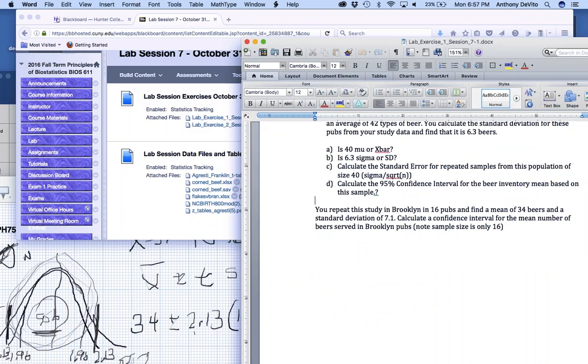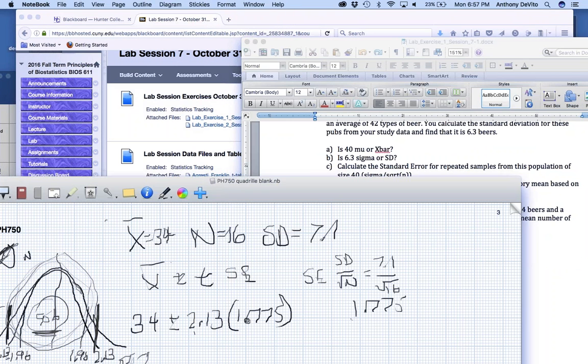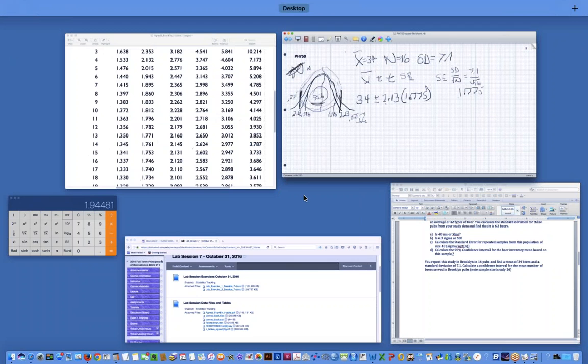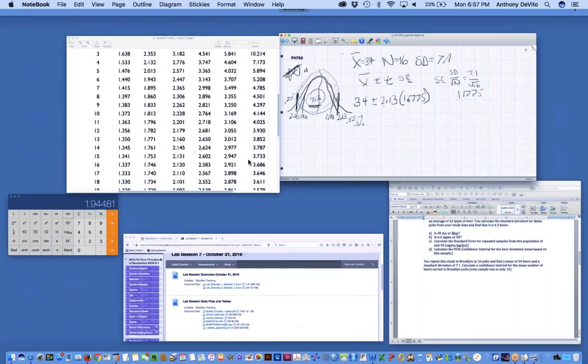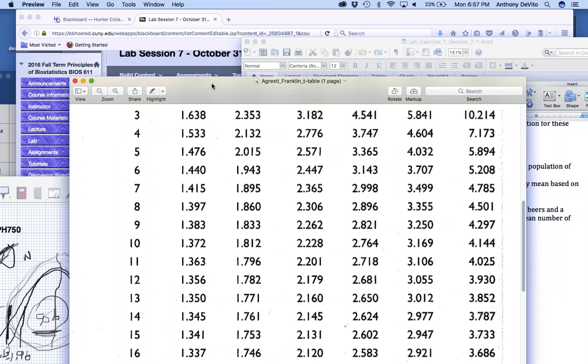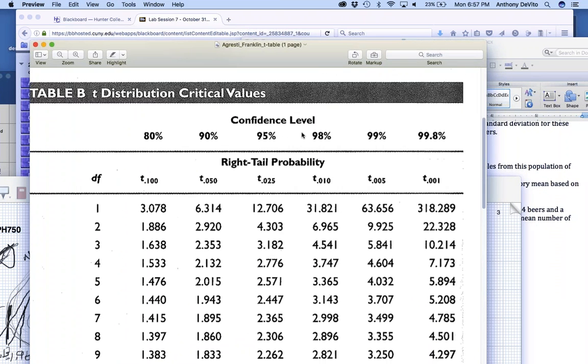If I can get back to it again. I can never remember what my shortcut is for this. Let's see. I put the table away. There's the table, okay. So if I go back here and look at this, it says 95% confidence interval. That's the same thing as a right tail probability of 0.025.